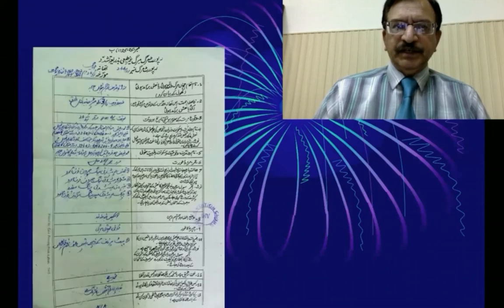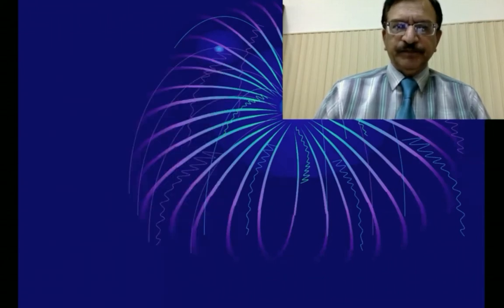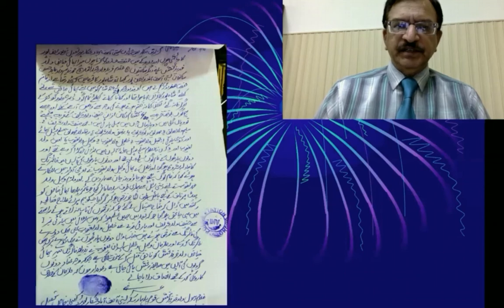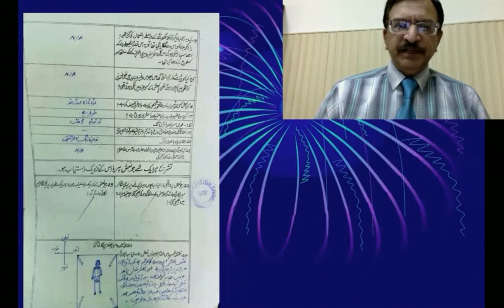This is the inquest report. Complete history, biodata, circumstances, injuries, witnesses, and all the details of the crime scene, where the body was lying and in which posture, have been noted.